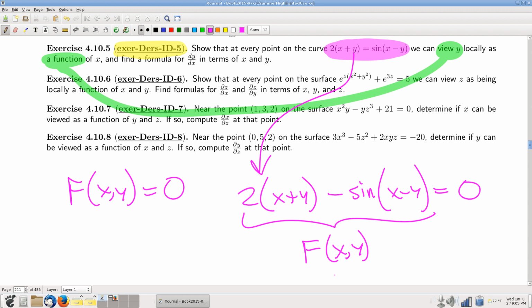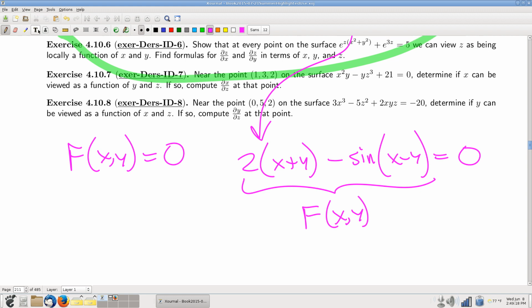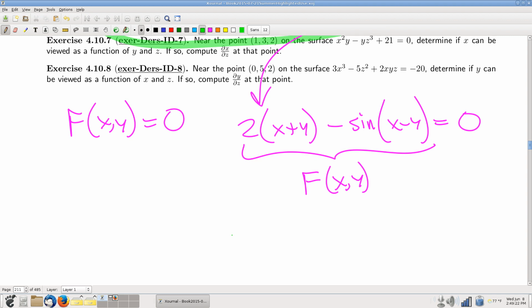Okay. So I'm looking at a level set of a function. One of these input variables is what I now want to view as an output variable. So y specifically I want to view as a function. And I'll arbitrate that question by looking at the partial of f with respect to y, the variable that I want to view as a function.